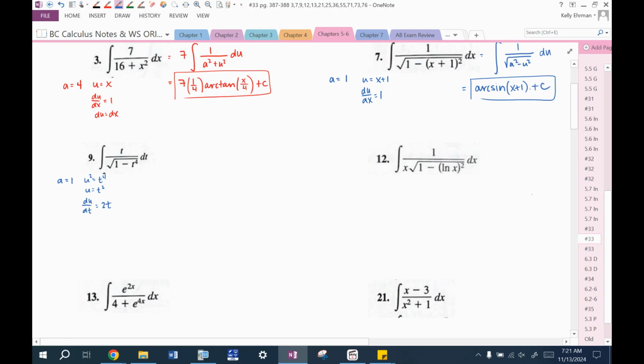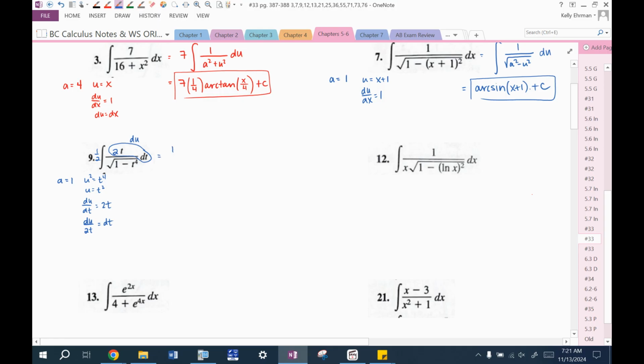And remember, you can solve this for dt to do your substitution. Or you can say, I have a t dt, I would like this to be 2t so that this is du. I can accomplish that as long as I balance it out with a 1/2 in front.